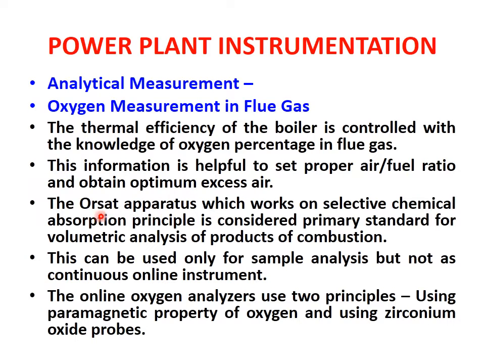This is the Orsat apparatus, which works on the selective chemical absorption principle and is considered the primary standard for volumetric analysis of products of combustion. While we are getting the output of the engine in terms of exhaust gas, that exhaust gas has a particular composition of products of combustion.